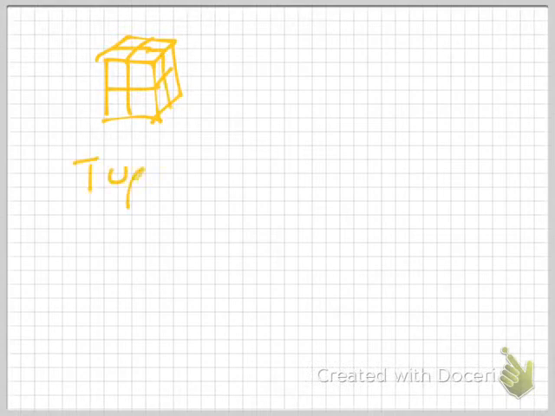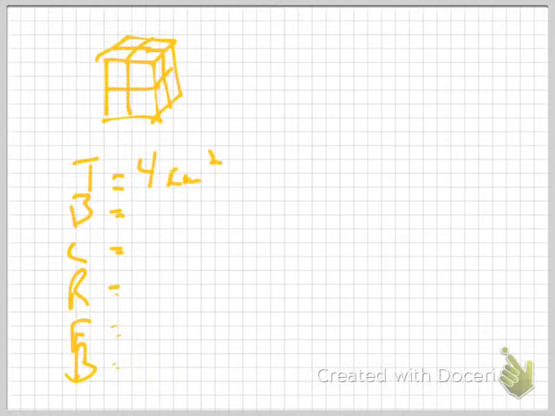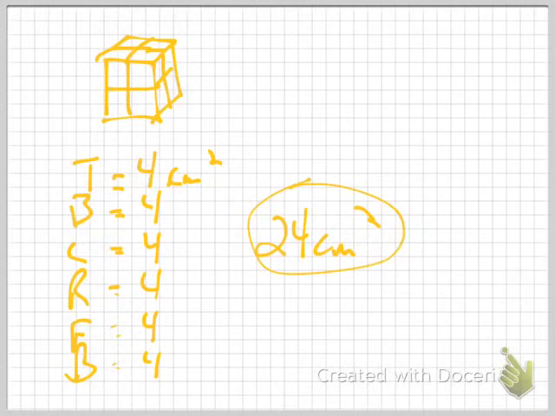So we have top, bottom, left, right, front, back. How much is the surface area of each one? 4 squared centimeters. So 4, 4, 4, 4, 4. What's 4 times 6? How many of you got 24 squared centimeters?